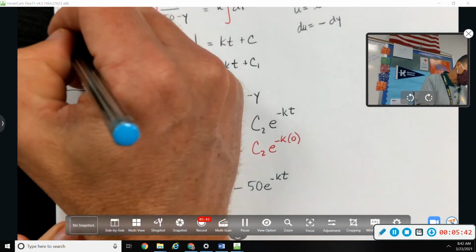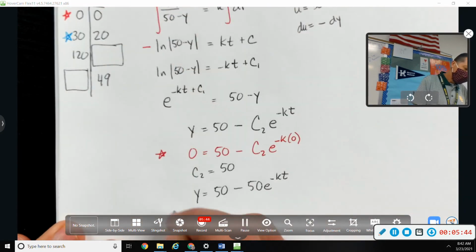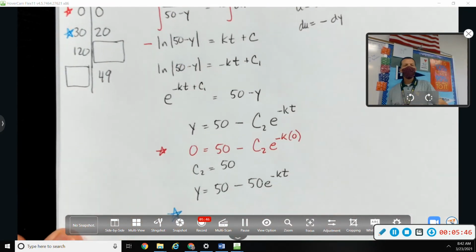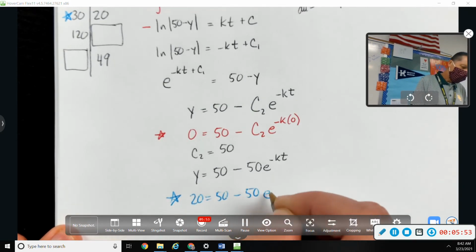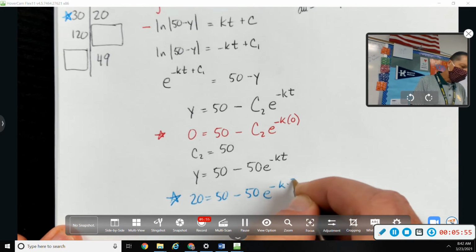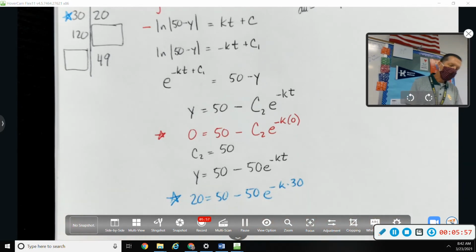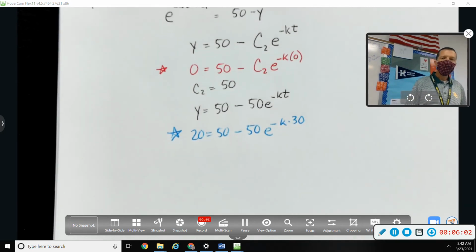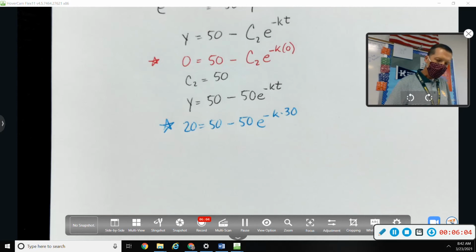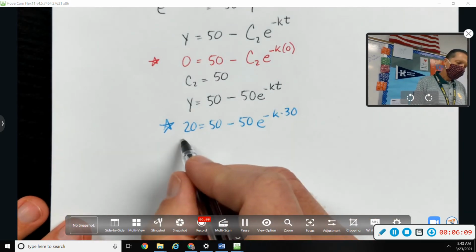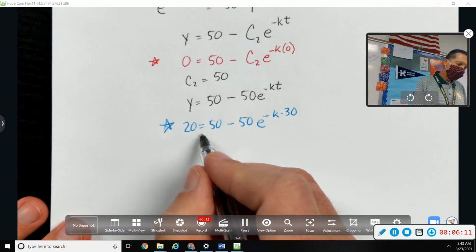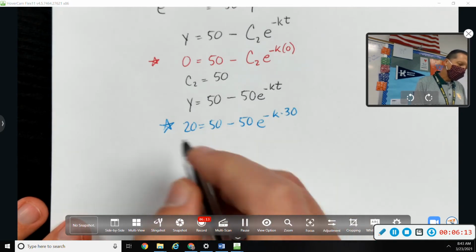Let's use the next piece of information, and then we can figure out what k is. So 20 verbs after 30 minutes. Well, careful, not 20 left. We've memorized 20 after 30 minutes. Let's see, so subtract 50, divide by negative 50.